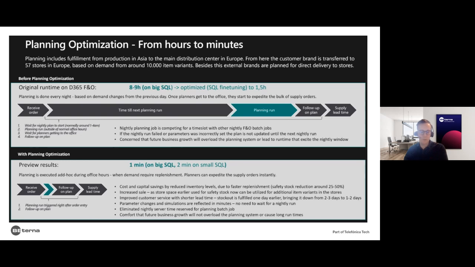So the calculations were quite demanding, which shows since their master planning could take up to 8 hours to run. But during the switch to planning optimization, they were able to cut this down to just a matter of minutes. This led to increased flexibility for their business. They also managed to make a lot of cost savings by being able to reduce the inventory levels.